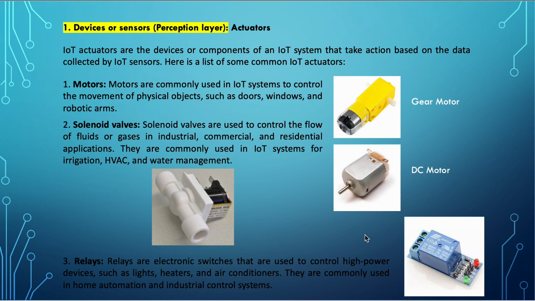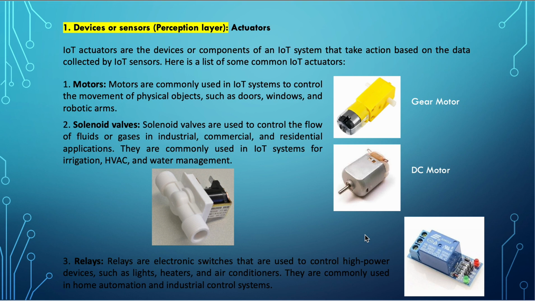Then, as examples, we have solenoid valves. Solenoid valves are used to control the flow of fluids and gases in industrial, commercial and residential applications. They are commonly used in IoT systems for irrigation, HVAC and water management.